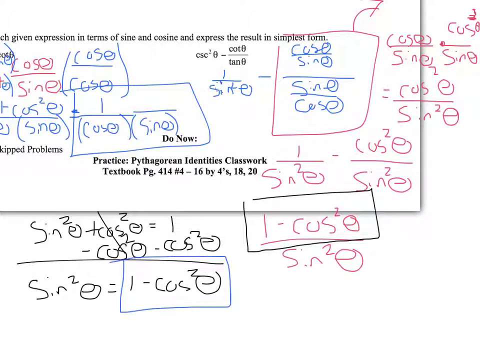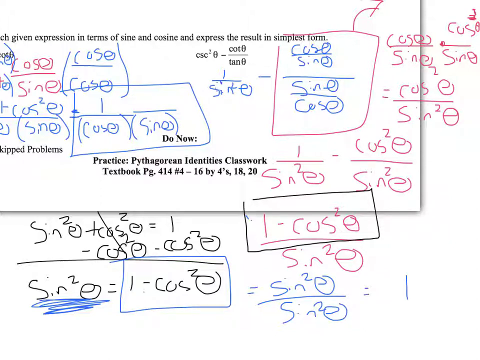Look at the right-hand side. See how it matches the numerator? That means 1 minus cos squared theta is really just sine squared theta. So I'm going to call this just sine squared theta over sine squared theta, which is just 1. At this point, you guys can do the one problem I skipped, and we will work on more of this type of problems tomorrow.